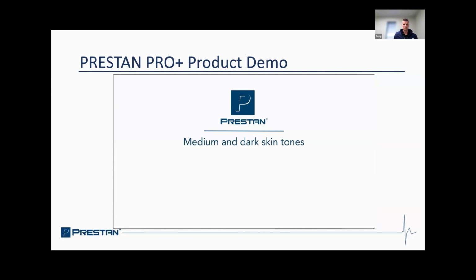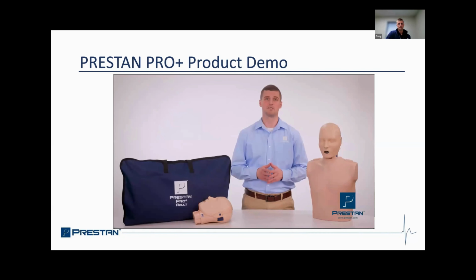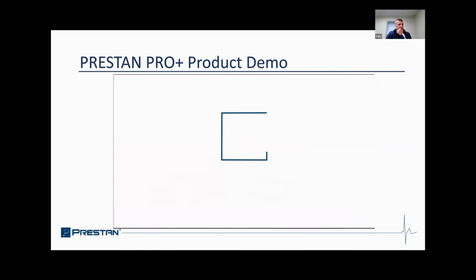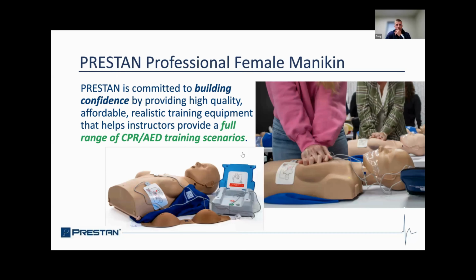Clean by using disinfecting wipes or by hand washing with hot soapy water. The Preston Pro Plus Mannequin is available in medium and dark skin tones, and in a single or 4-pack. The Pro Plus head is also sold separately, allowing you to upgrade the professional adult and Series 2000 mannequins. To learn more, please visit preston.com or contact your Preston authorized distributor today.